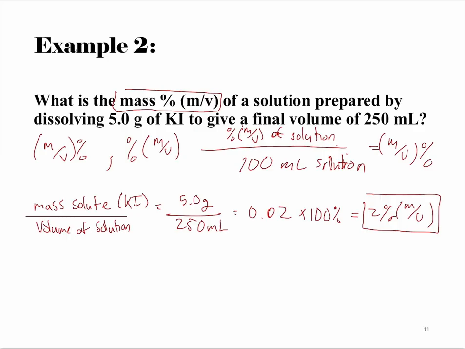So the percentage of mass to volume in solution is just the ratio of the amount of mass given per milliliter. The way mass percent is defined is it's the amount per 100 milliliters.